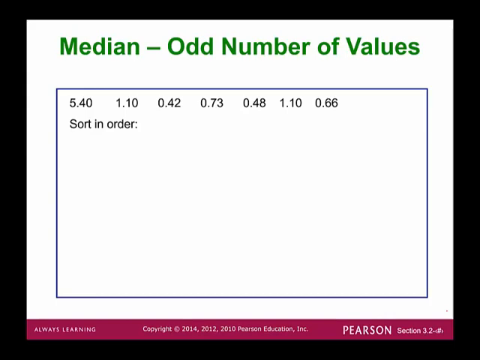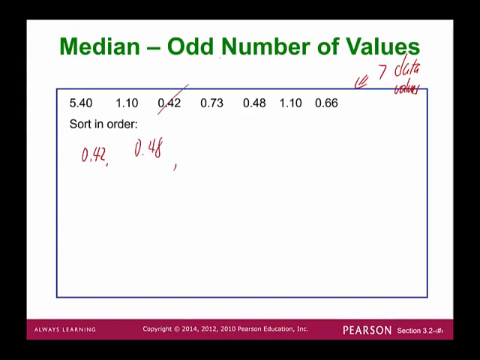Okay. Now let's take a look at an example. Let's take a look at this data set. We have 7 data values, right? And the first step, you're going to put them into increasing order. Start with the smallest value, 0.42. Then move on to the next value, 0.48.